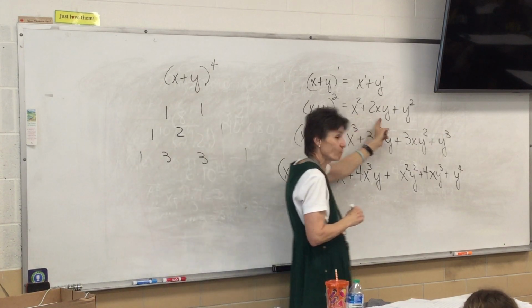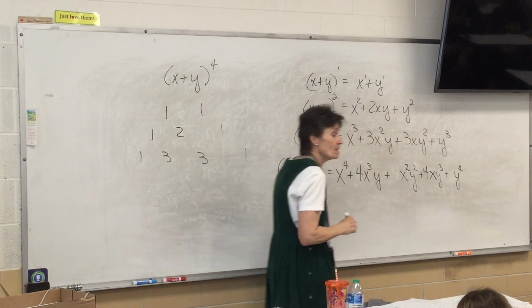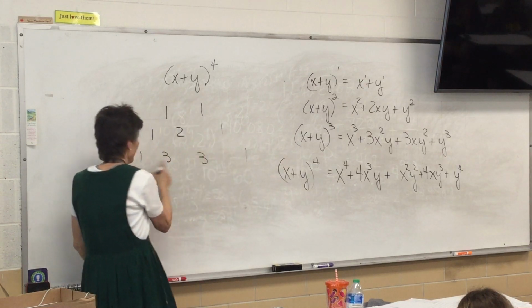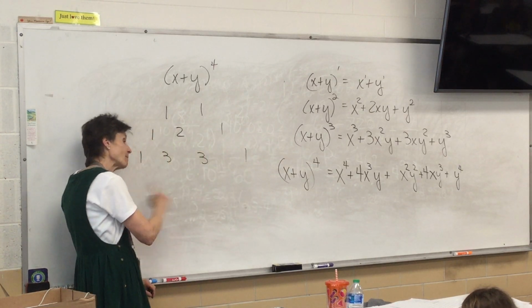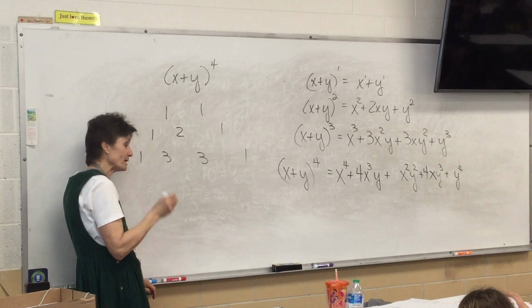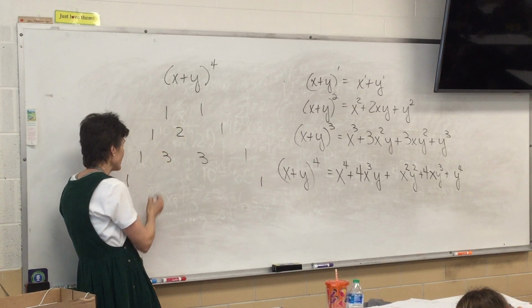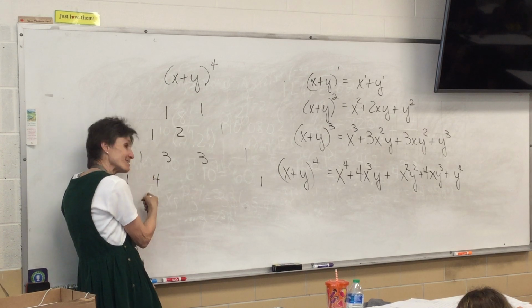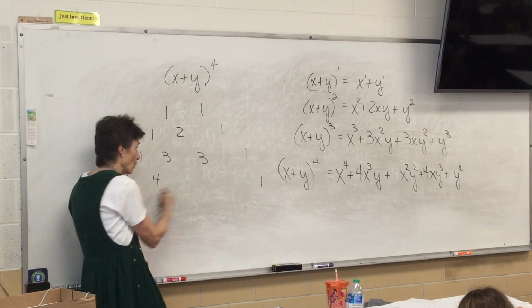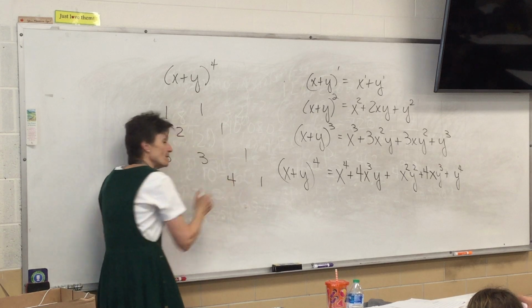And I got that by FOILing. The third row is 1, 3, 3, 1. And now I'm figuring out the fourth row. You've already told me it starts and ends with a 1. You've already told me the next inside number here is 4. And this one is 4, and you're exactly right.